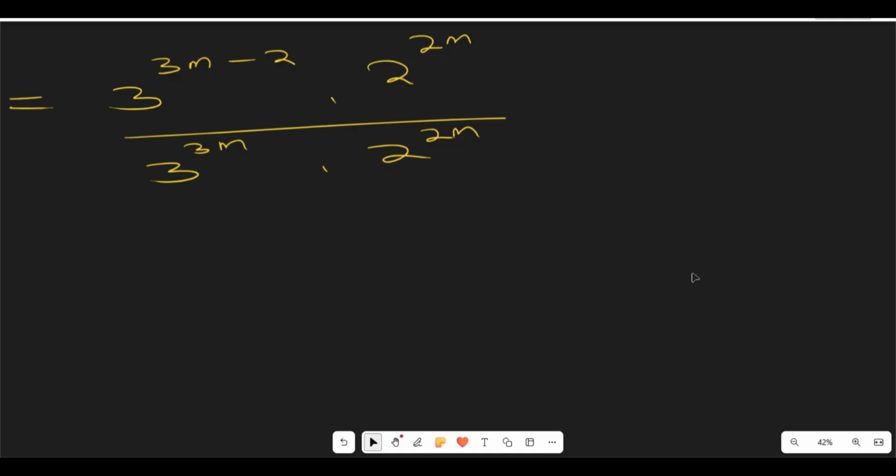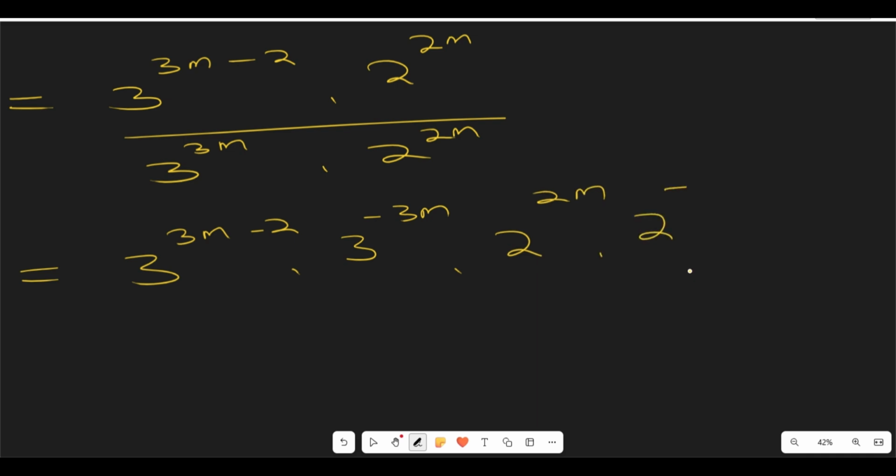So we can bring everything on top, just so we can be consistent with our workings. So we say 3 to the power 3m minus 2, multiplied by 3 to the power negative 3m. So 2 to the power 2m, 2 to the power negative 2m.